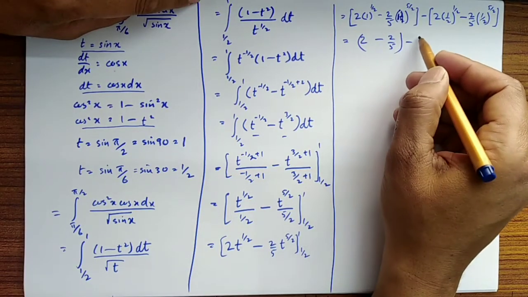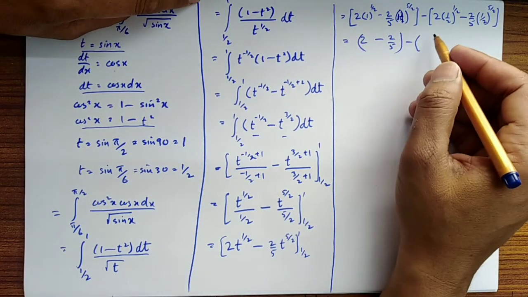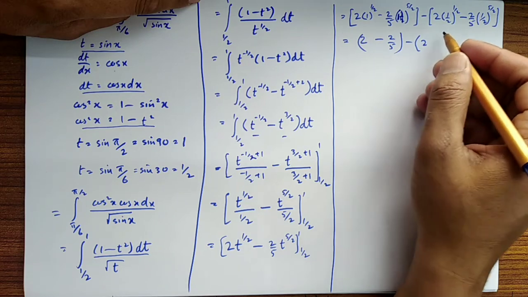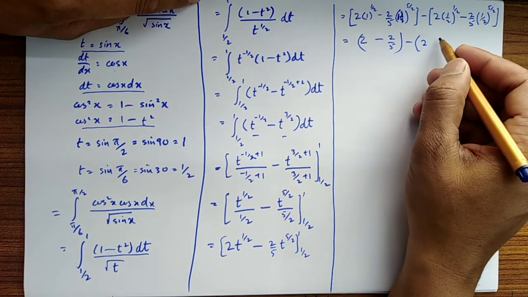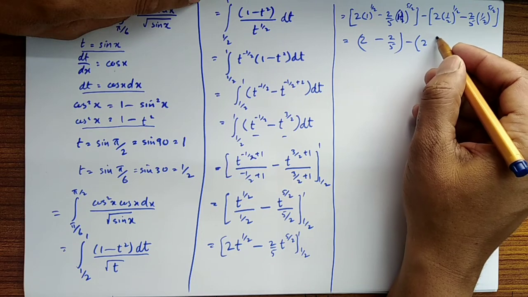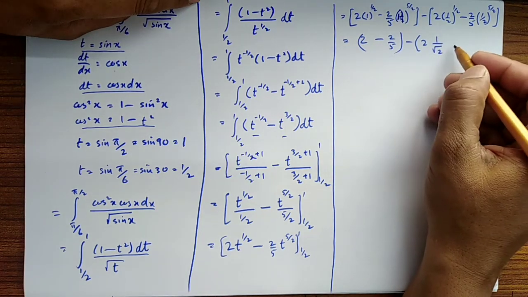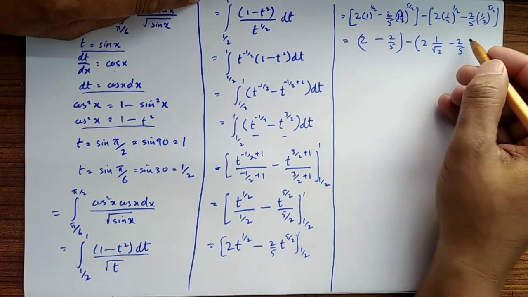Okay, this is the first part, and the second part gives 2 into 1 upon under root 2, minus 2 upon 5.